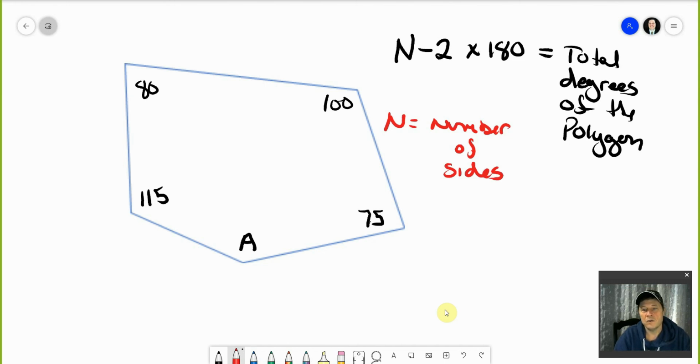So let's call it number of angles, and then you won't forget. How many angles are there? 5. So our formula can be rewritten as 5 minus 2 times 180 equals total angle.